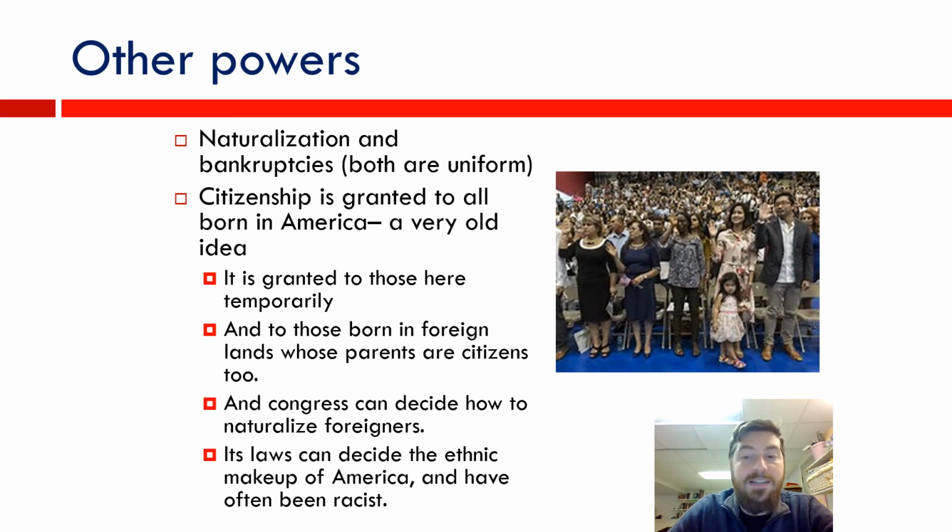Sometimes it's very overt, sometimes more covert. What typically happens is by making a quota. 10,000 people from this country are allowed to come into America per year, 2,000 from this country are allowed to come to America per year, whatever, things like that. And of course, you can have higher quotas for the white nations and lower quotas for the brown nations.